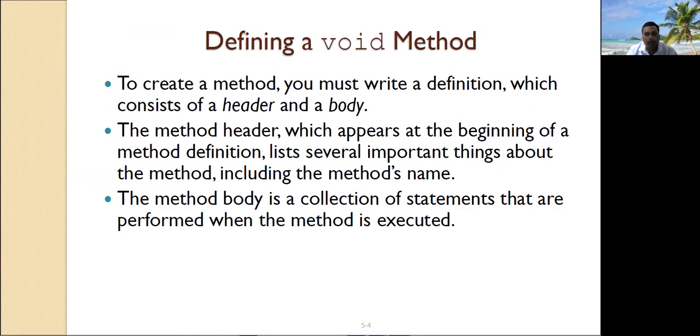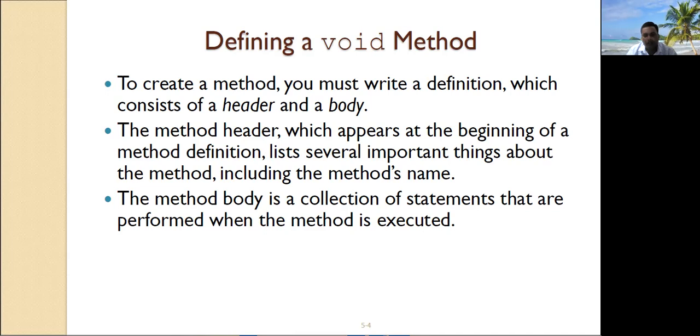Then after that, we are going to discuss how to define a void method. At the time of writing the definition of a method, the definition is divided in two parts. One is the header of the method and the next one is the body of the method. The method header appears at the beginning of the method definition.